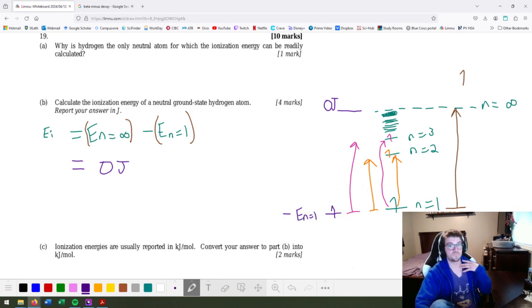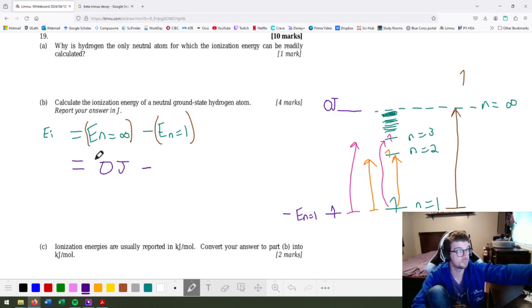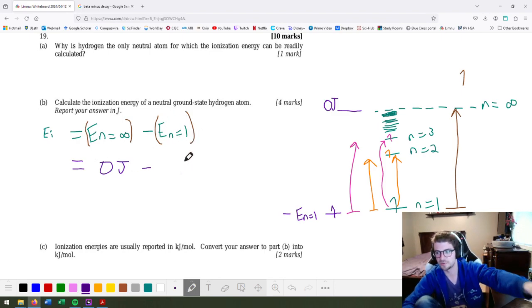So the energy of the ground state here is denoted as a negative energy, because we've set this term to 0, we can set the ground state energy to a negative.